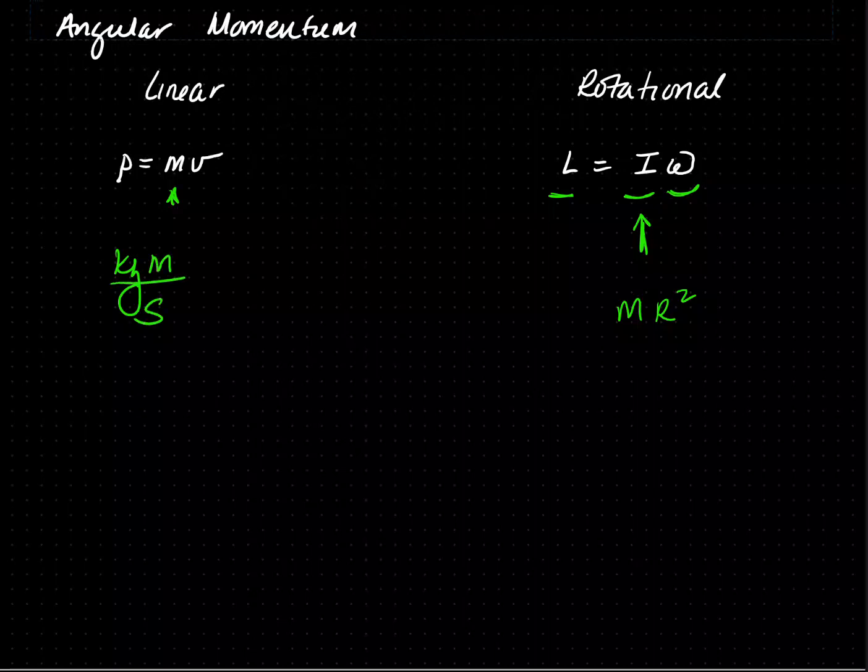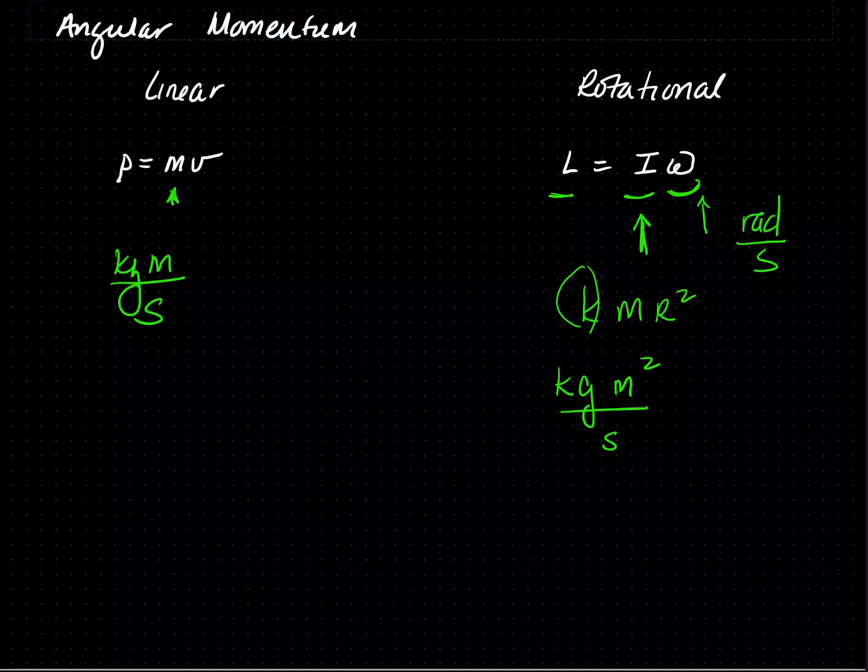For angular momentum, I, which in generic is k, a constant depending on the object, times the mass, r squared. Mass SI units is kilogram, r is the distance, so it's going to be meters squared. Omega is angular velocity, which is in radians per second, so the units are kilograms meters squared over seconds.